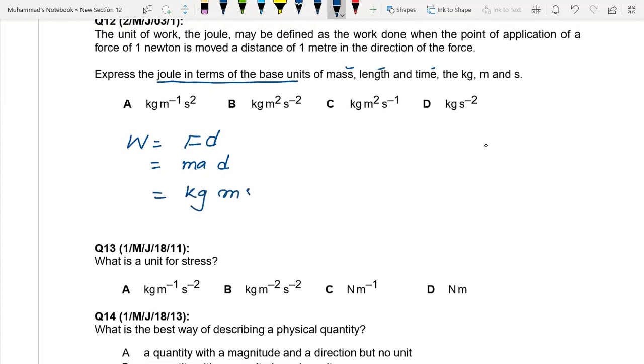Acceleration is meter per second square, times displacement in meters, so that is kg m^2 s^-2. So the unit of work is joule, and joule in terms of SI base units is kg m^2 s^-2. So for question 12, answer B is correct.